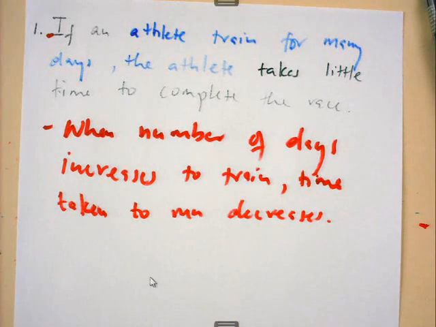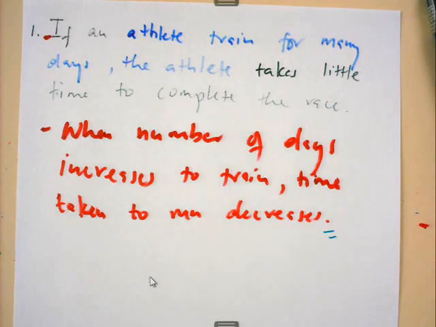Right. Whatever way we can write it, it's fine. I don't have very nice colors here to write. They are running dry. Good, that's better. When you have too many days to train, then the time taken decreases.